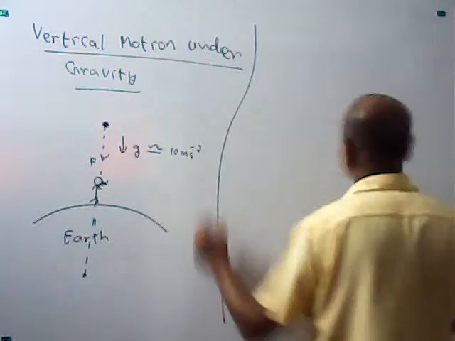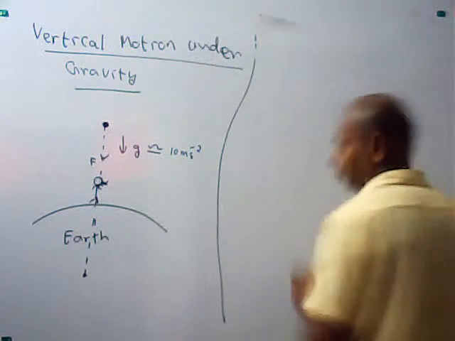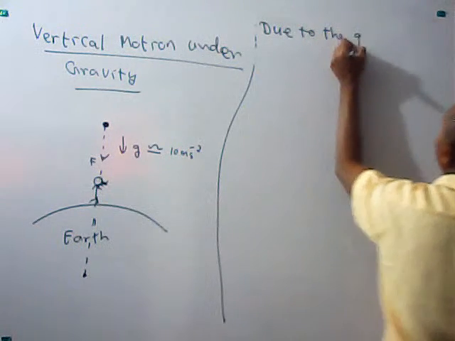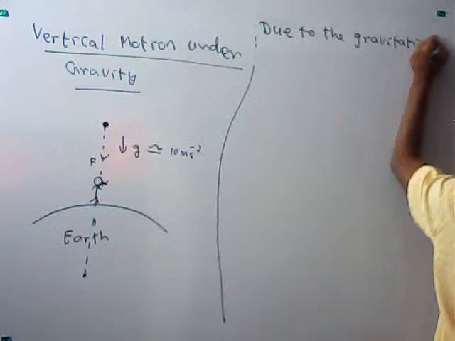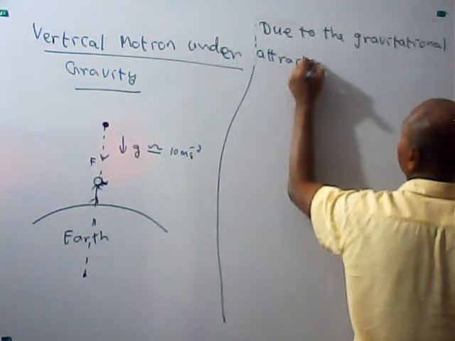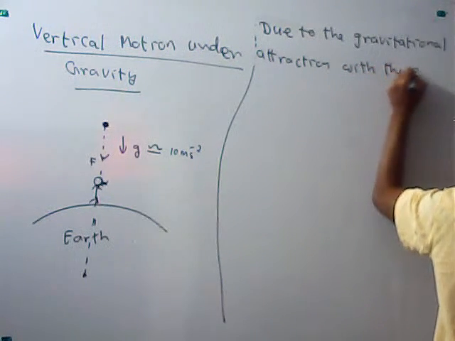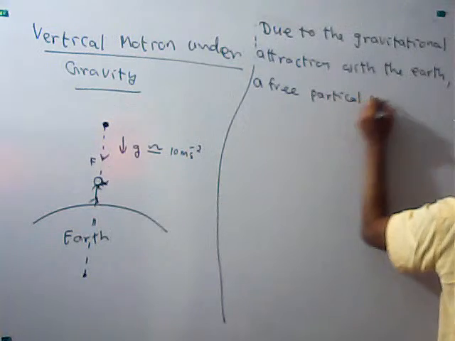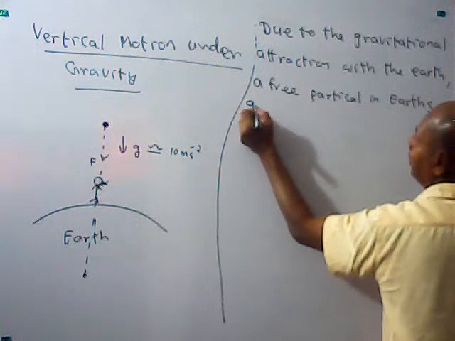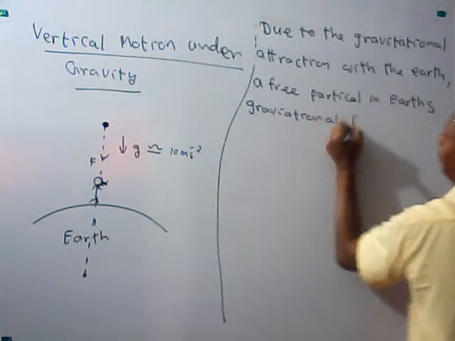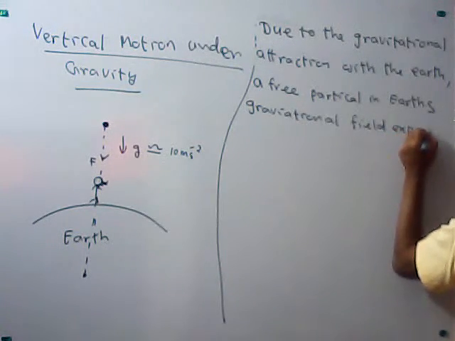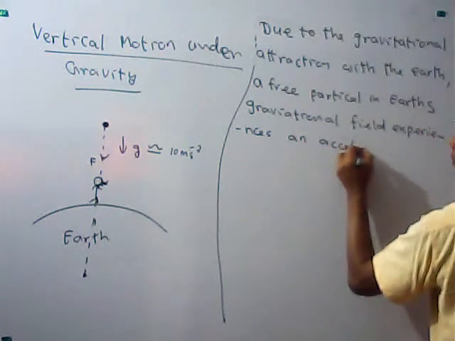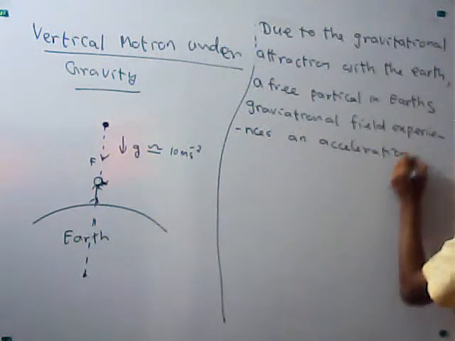Due to the gravitational attraction with the Earth, free particles in Earth's gravitational field experience an acceleration in the downward vertical direction.